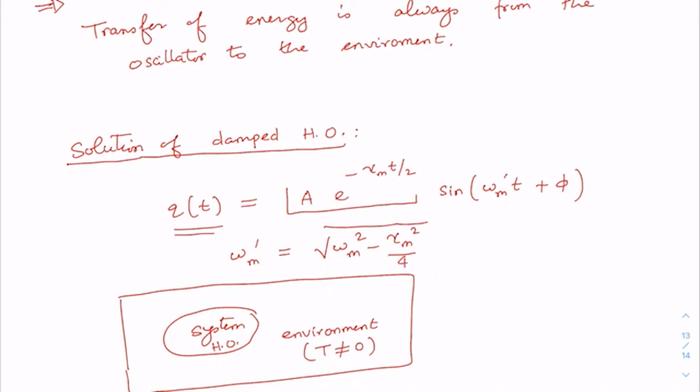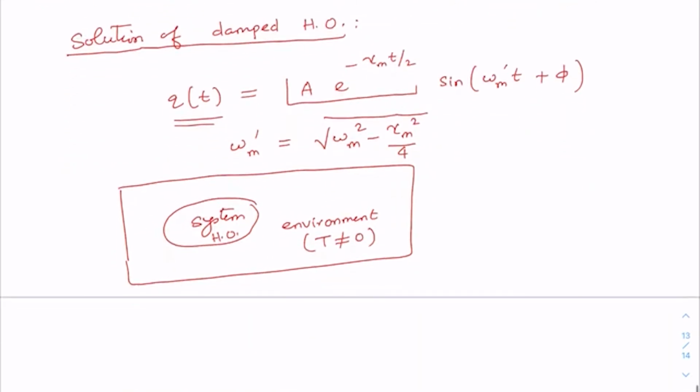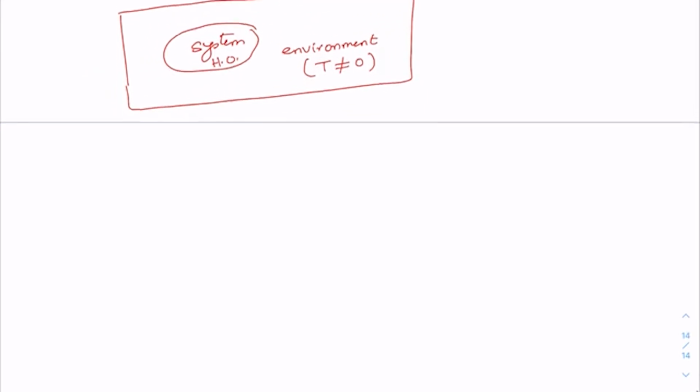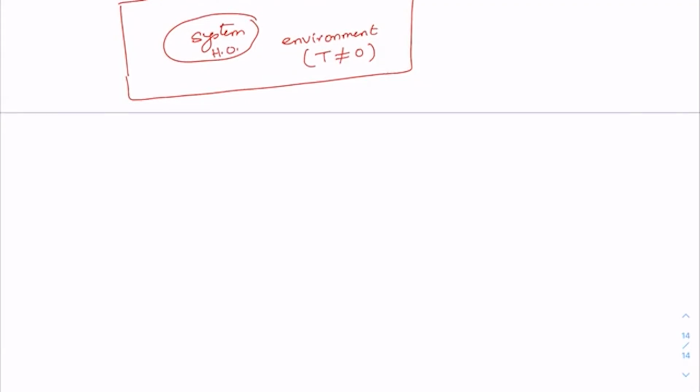So how do we address this realistic case and model the realistic situation, that is, take the thermal environment into account? What is considered is that the system is interacting with the environment or the surrounding.